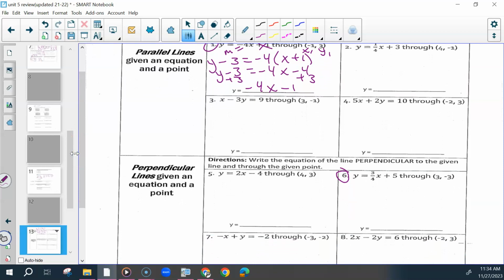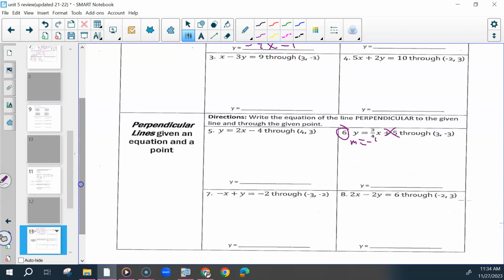Similar to number 1, but this is perpendicular. So we have to change the slope, get rid of the y-intercept, you don't need it, but change the slope. What would our new slope be? Negative 4/3. So now we have our slope, we have our x1, we have our y1, and then we can use our equation. Y minus a negative 3, or y plus 3, equals negative 4/3 times x minus 3. Distribute and solve.